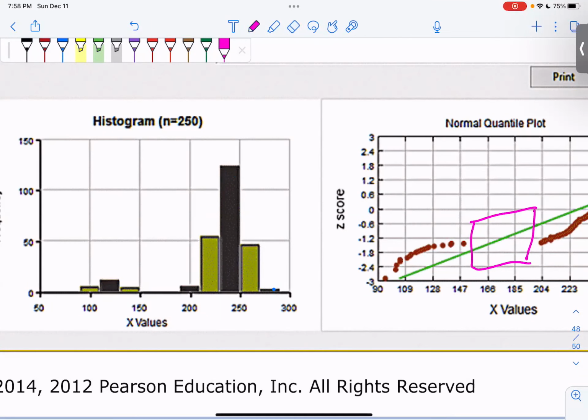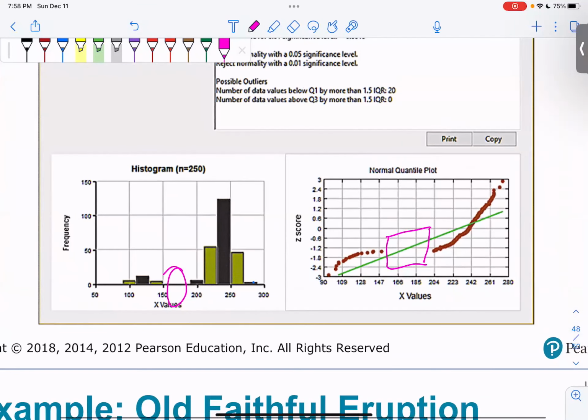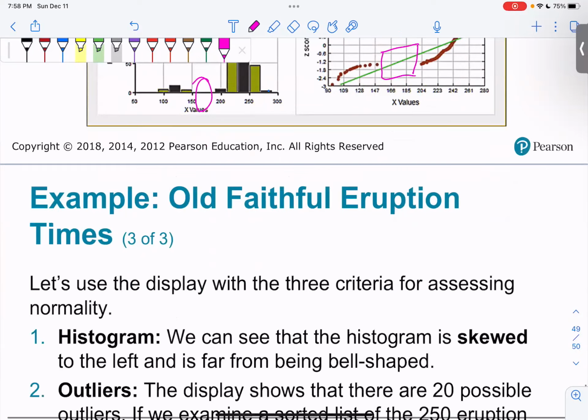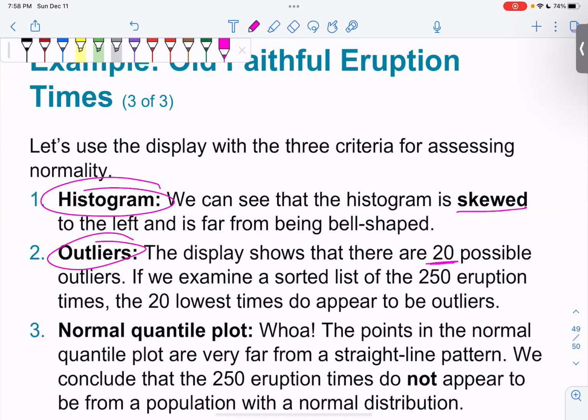So clearly, this data is not from a normal distribution. It is skewed. If we look at the histogram, the distribution is skewed to the left. And then the outliers, they said we have 20 outliers in this data set, when we said we accept 0 or 1 outlier.